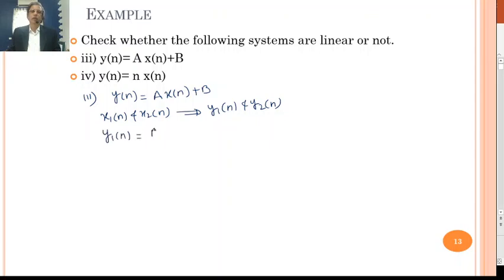y1(n) equals a x1(n) plus b, and y2(n) equals a x2(n) plus b.